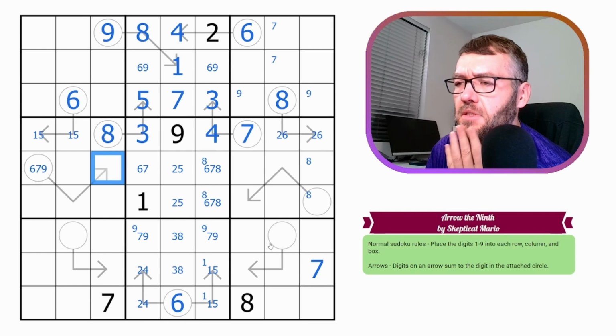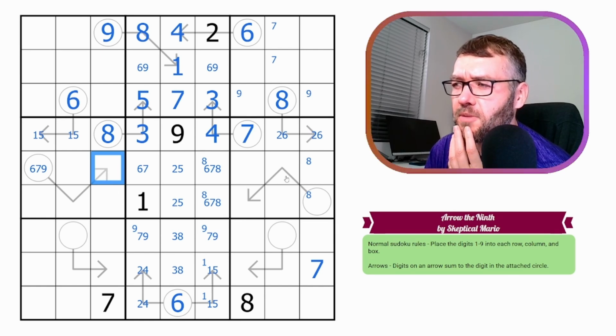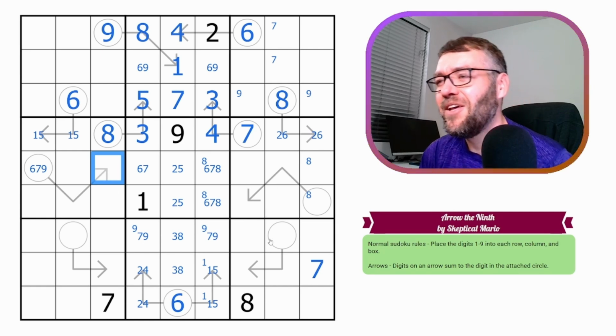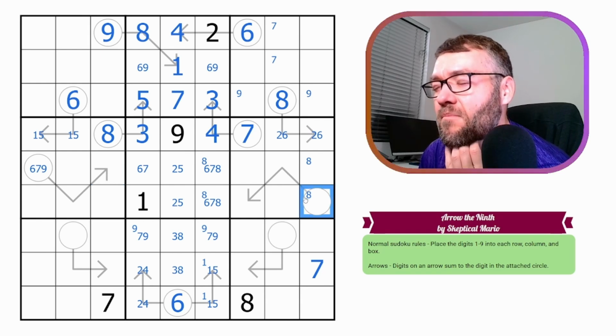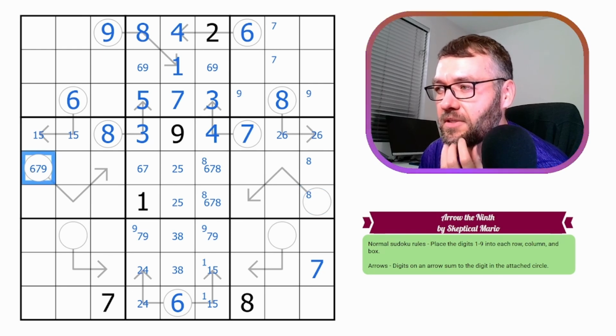What am I missing here? Maybe there's some basic Sudoku I'm missing. This one is much more wide open than this one.